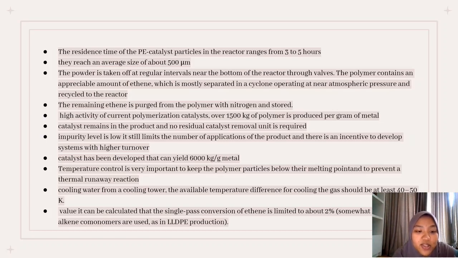When using cooling water from a cooling tower, the available temperature difference from cooling the gas should be at least 40 to 50 Kelvin. From this value, it can be calculated that the single pass conversion of ethene is limited to about 2%, somewhat higher if higher alkene comonomers are used as in LLDPE production.